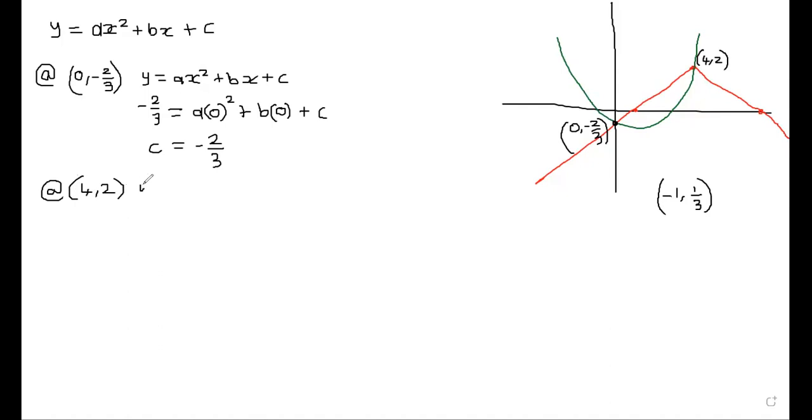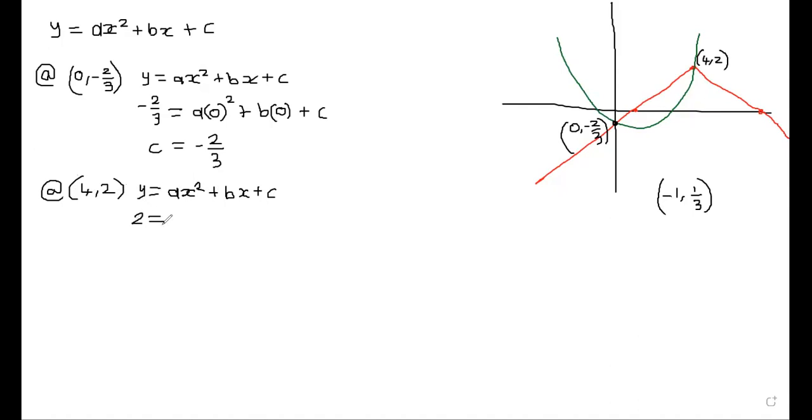At 4, 2, y equal to ax² plus bx plus c. Right? Now at 4, 2, our y is 2. Right?